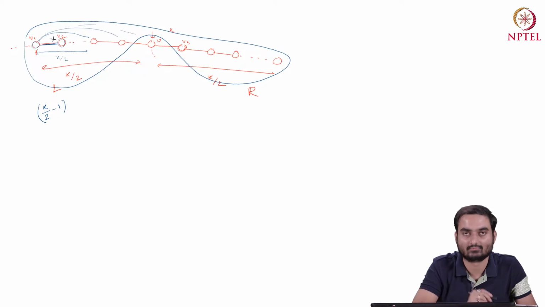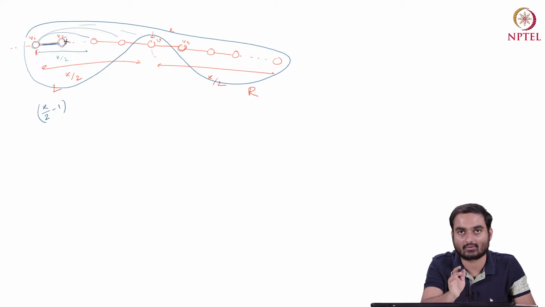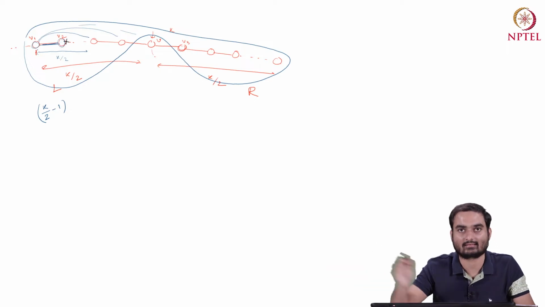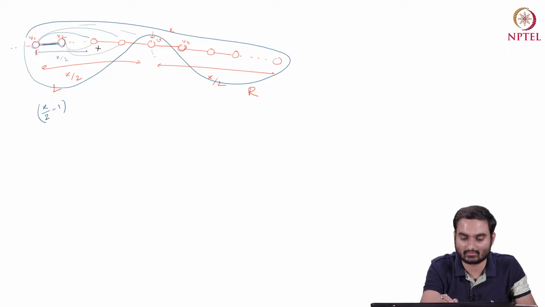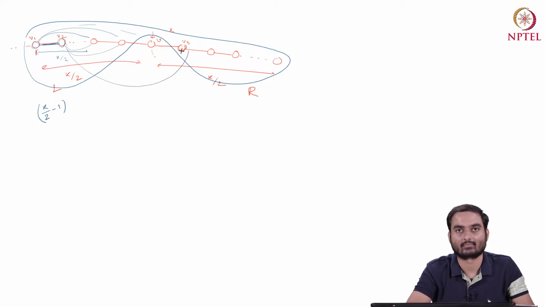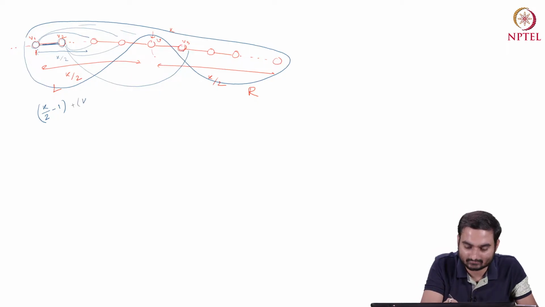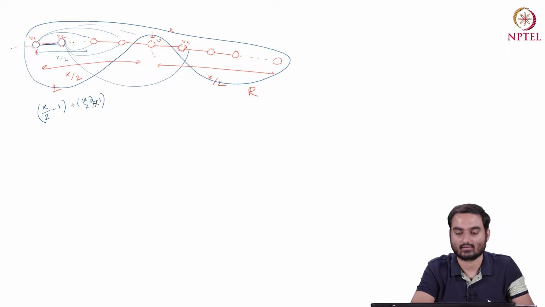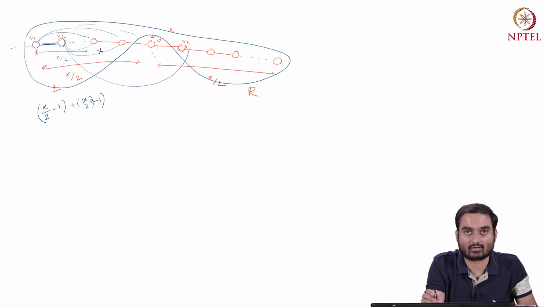Similarly for V2, V2 is connected to k by 2 nodes on the right side. So this node, this node, this node, right? But we will not consider the connection which connects V2 and V. So again k by 2 minus 1, and so on and so forth.